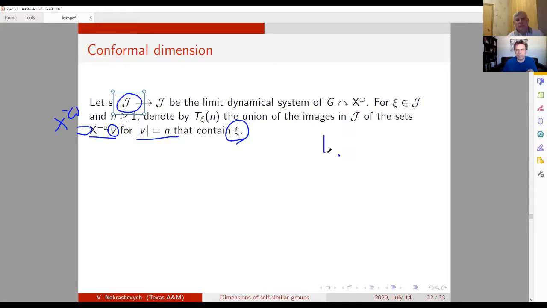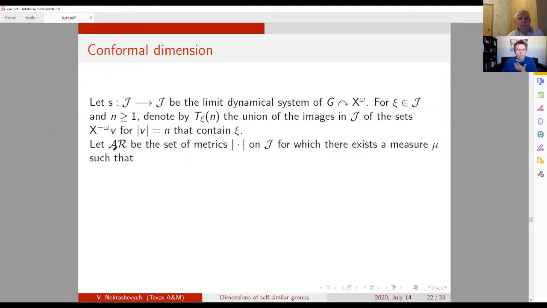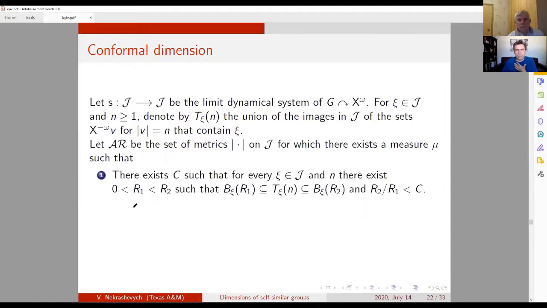So your space will be tiled by some tiles, and for a given point, you take all tiles that contain it. Tiles are closed sets, so you'll get a neighborhood of ψ. Consider AR, the set of metrics for which there exists a measure on the limit space such that these tiles are roughly round with respect to the metric.